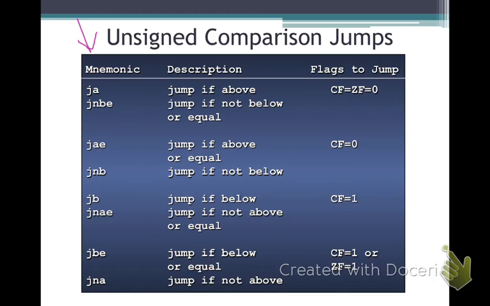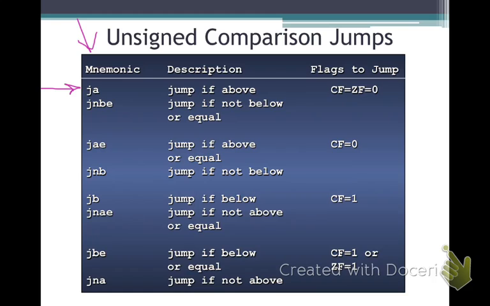Anyway, we had all of this, and here we need to consider these comparisons as comparisons of relative positions on the positive number line, okay? So if all values are considered positive, then jump if above, if the destination is above the source in the comparison, then that jump will execute, okay?